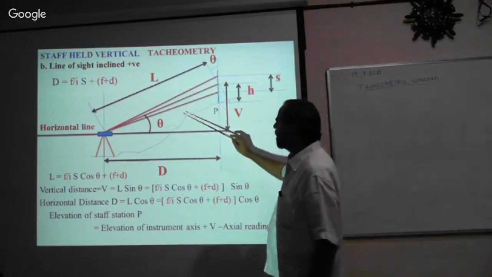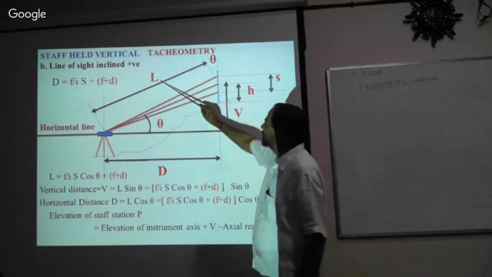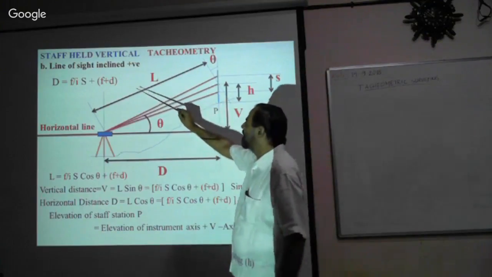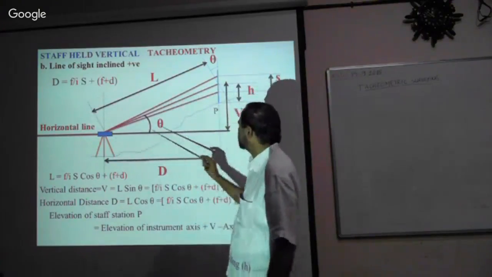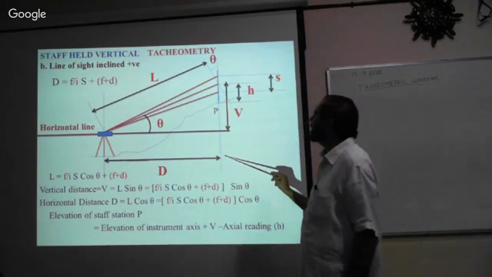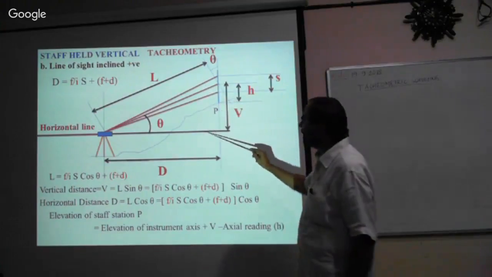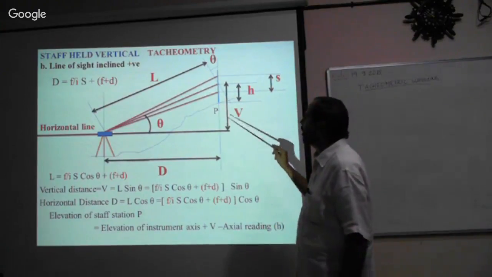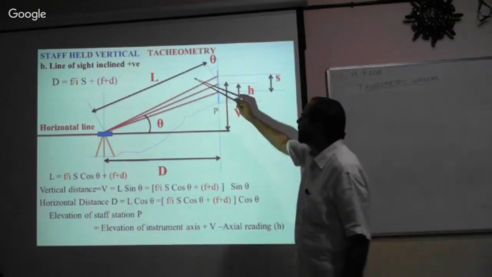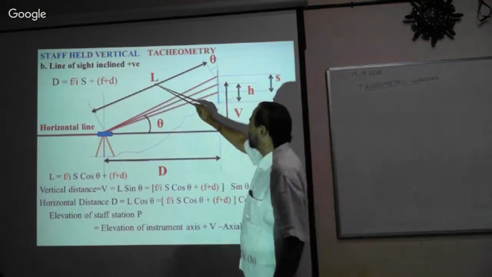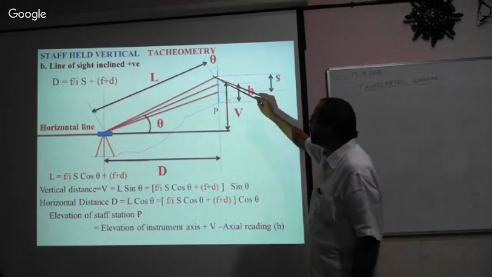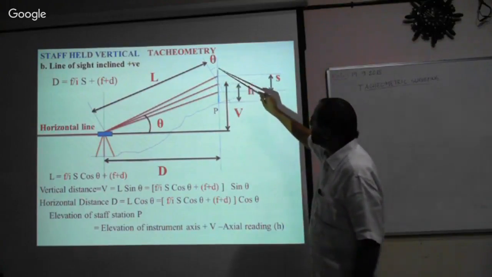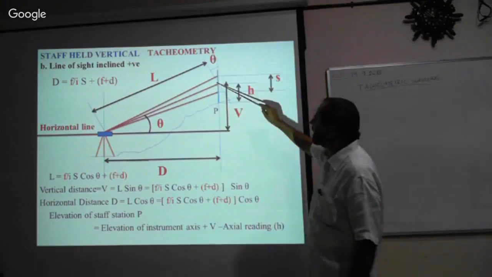After this, let us calculate L. This is the basic equation to find the distance D when the line of sight is horizontal, whereas here the line of sight is inclined. Therefore, we can calculate this distance L. But there is a problem here: the staff is not perpendicular to the line of sight. Therefore, we have to find out this distance.